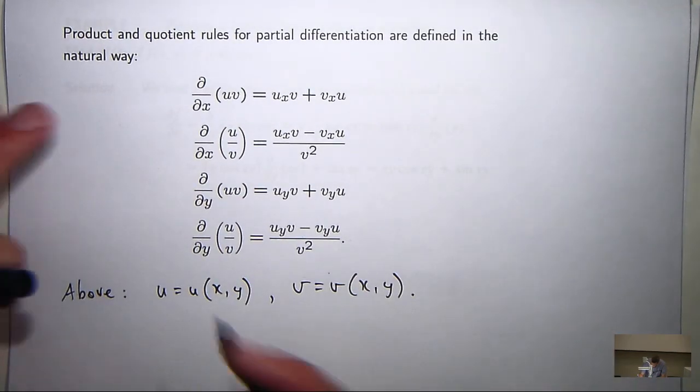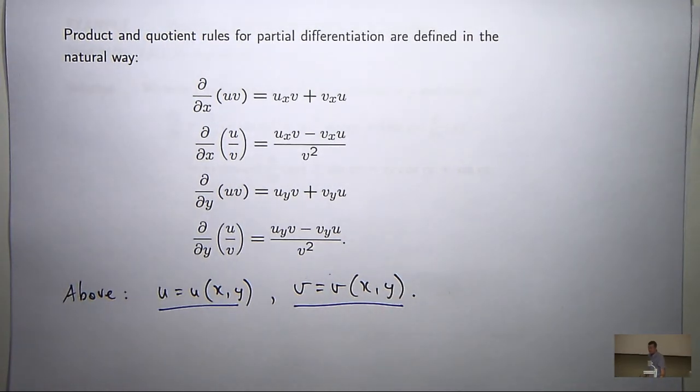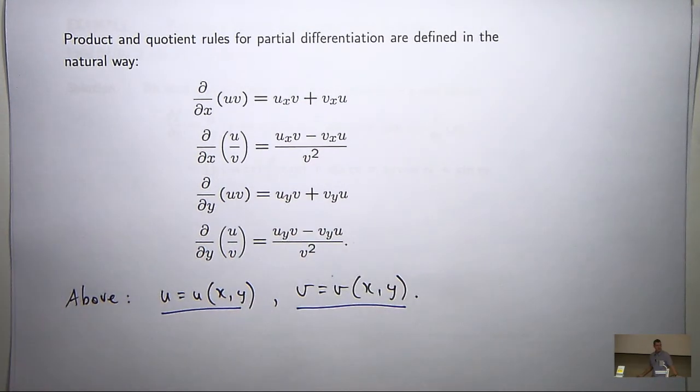In all of the above, u and v are the functions, and they both depend on x and y in general. So you can think of these as the regular product rule, regular quotient rule, just with partial derivatives replaced with the derivatives that you saw at school.